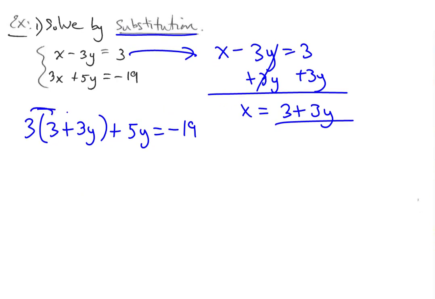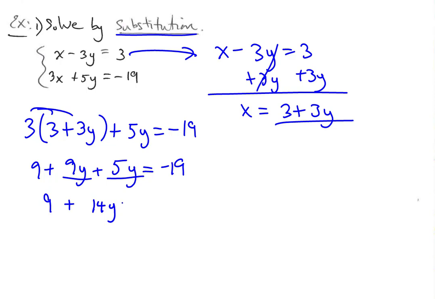So we'll go ahead and distribute the 3 to get 9 plus 9y plus 5y equals negative 19. And then we can combine like terms. At this point, we're just doing the typical equation solving steps. The 9y plus the 5y will give us a 14y, and so 9 plus 14y equals negative 19.